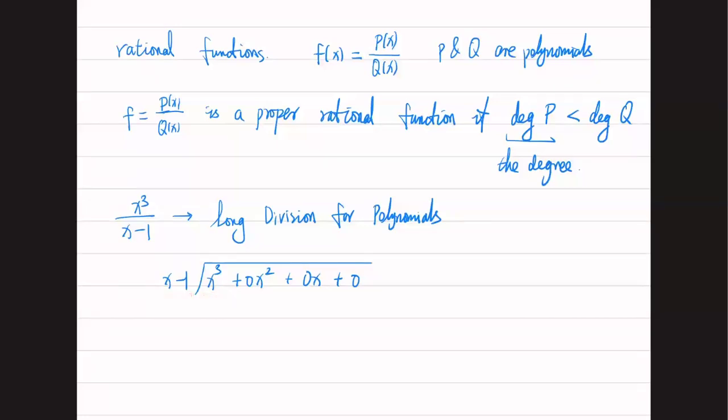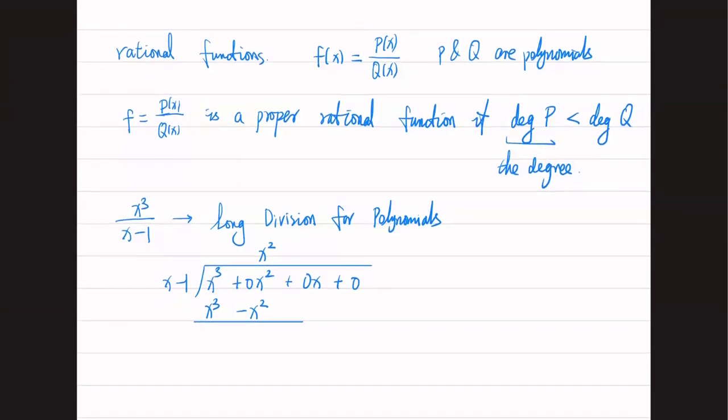Okay, nice. x squared. So this will be x cubed minus x squared. The difference, 0. So this is 0 minus negative 1, which will be positive 1. Sophia, next step.